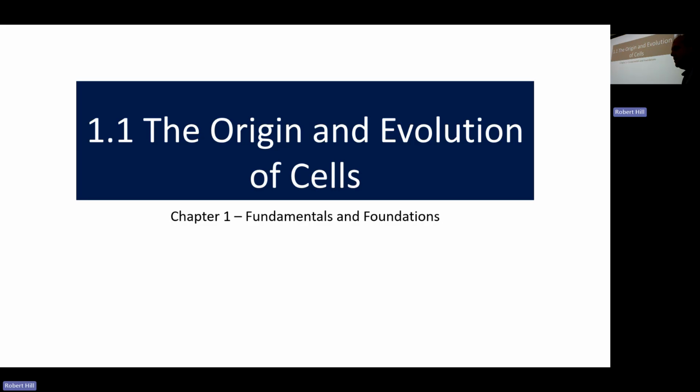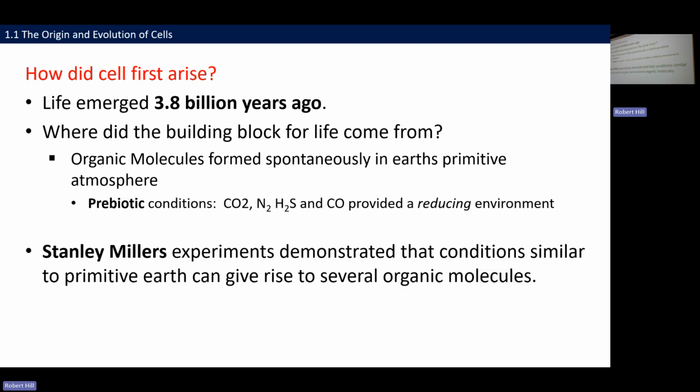So where did these molecules come from, right? Where did these organic molecules come from that use carbon as the basic building block within them? So a long time ago, life started to emerge, but obviously the building blocks for that life needed to emerge earlier on, right?